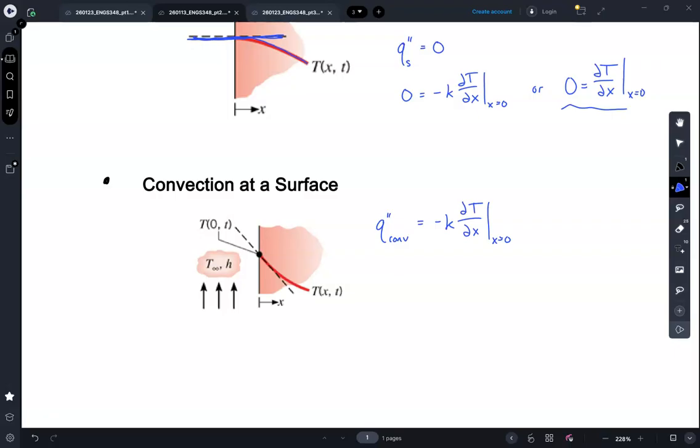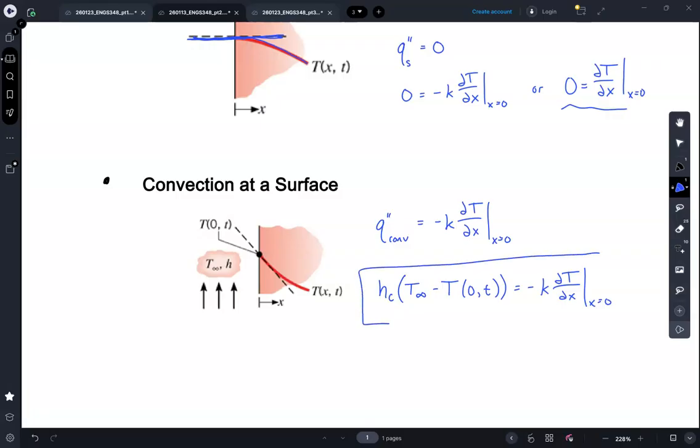I can go a little further because I know what convection looks like, and I can say that this is the convection coefficient times the temperature of the fluid minus the temperature of the surface, and that equals minus k dT/dx evaluated at x equals 0.